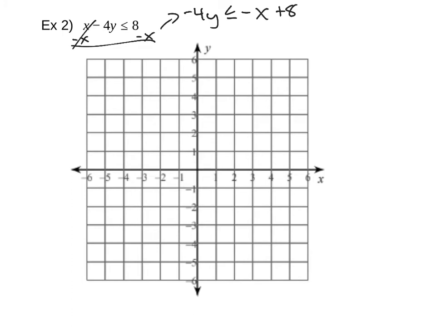We're going to do what? Divide by negative 4. And right there someone said, gotta flip the sign. We divide by a negative, we have to flip the inequality the other direction. Okay, so we'll still have y, but now it will be greater than or equal to.